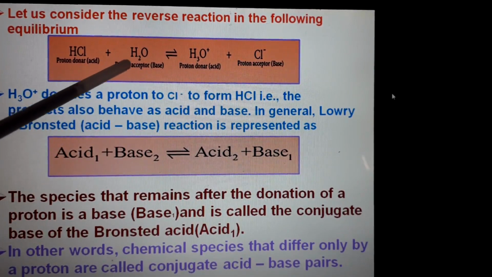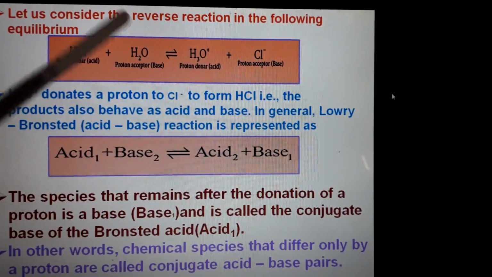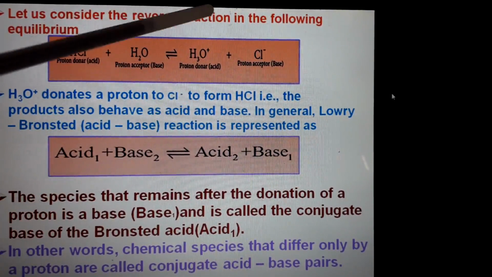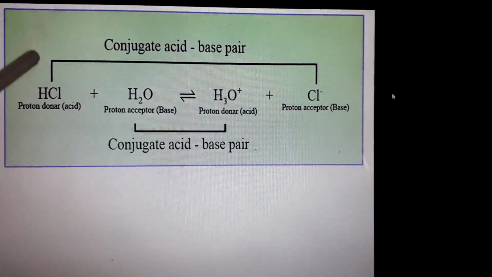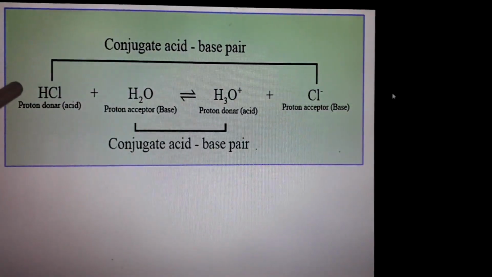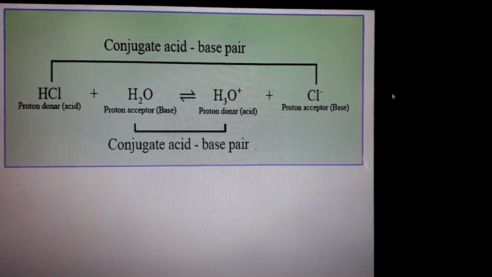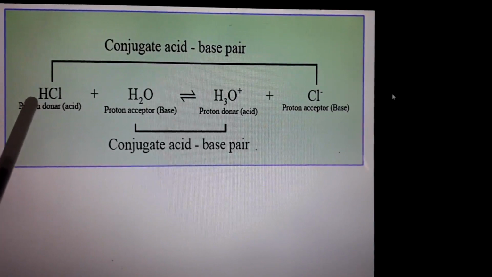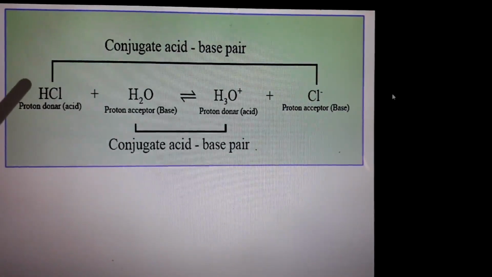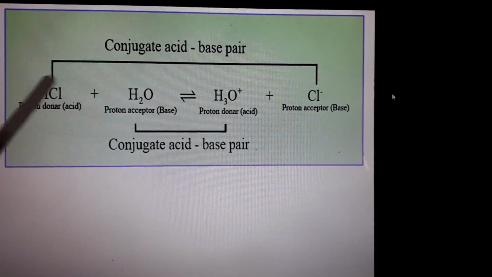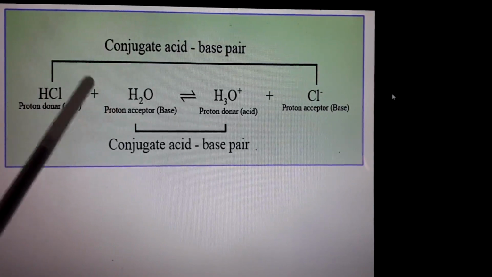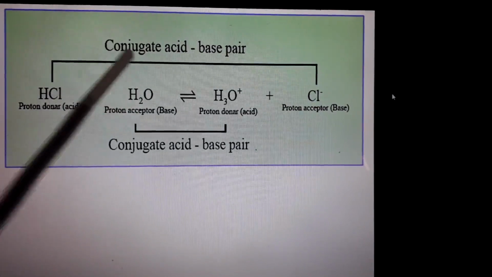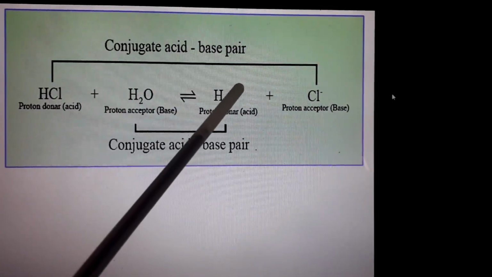H2O and H3O plus are a conjugate acid-base pair. HCl and Cl minus are a conjugate acid-base pair. In this equation, HCl releases an H plus ion, and this H plus ion adds to H2O to give an H3O plus ion.